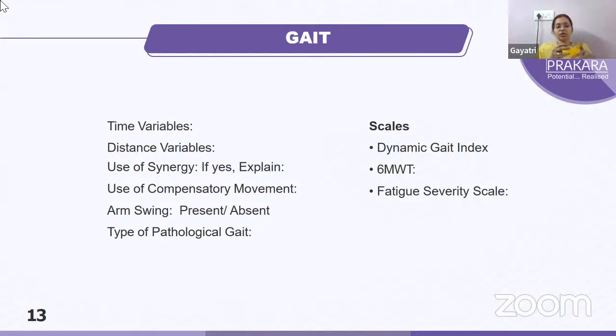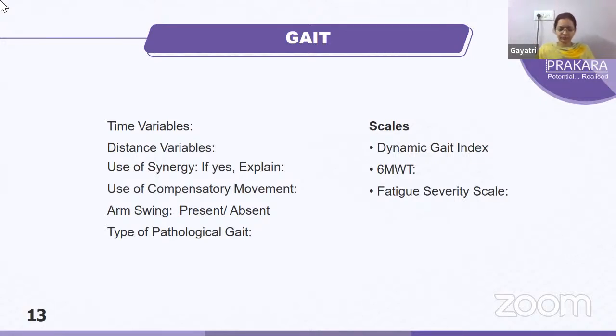You will give instructions: walk fast, walk slow, walk super fast, walk super slow. Then look horizontal while walking, look vertical while walking, change direction immediately, like walking and suddenly turning 180 degrees. And then obstacle training, overcoming the obstacle or going around the obstacle and walking. All these are the parameters you check in the Dynamic Gait Index, and out of 24, you give the scoring.